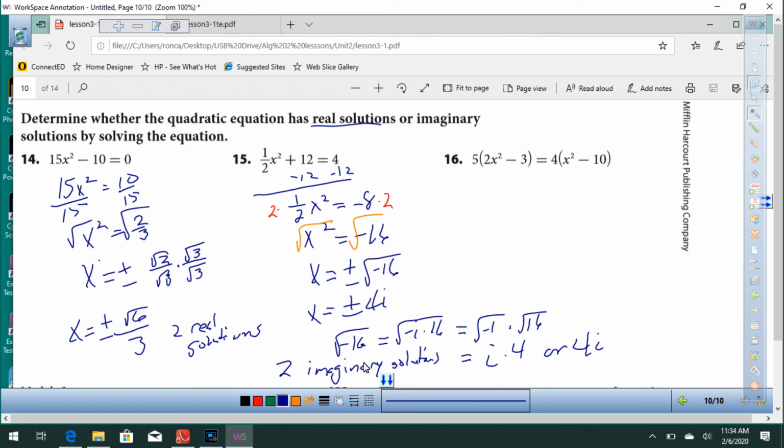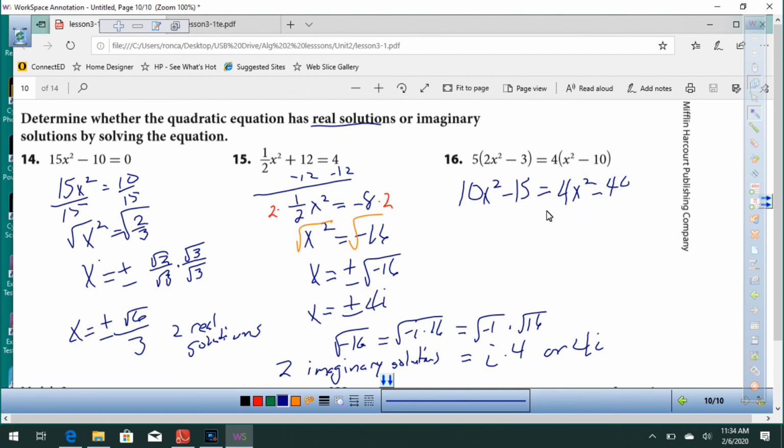All right, folks, I believe this is going to be our last one. So we got to distribute that. We've got 10x squared minus 15 equals, and that's going to be 4x squared minus 40.